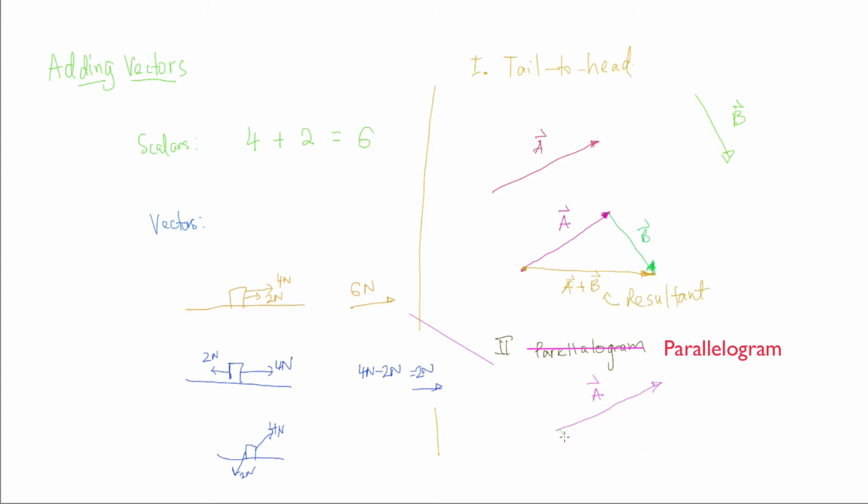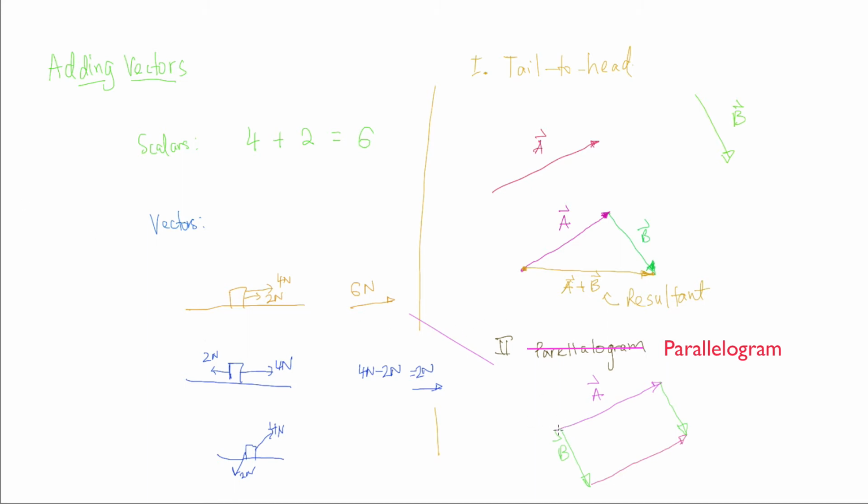So you make the tails meet up. And then I complete a parallelogram based on those vectors. So I'm going to draw another vector parallel to A on this side, and I'll draw another vector parallel to B on that side, and they are in fact the same vectors because you can move them around.